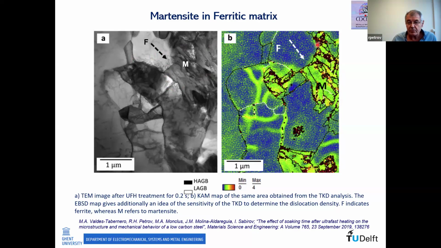And we have a microstructure in which we have non-dissolved carbides, which gives changes in the chemical composition of austenite, which means that you have a difference in the transformation products, which means also that the martensite which forms probably has a lower carbon content than in conventional annealing, when carbon has time to go, and the alloying elements have time to homogenize. Yeah. And you have different kinetics of transformation.